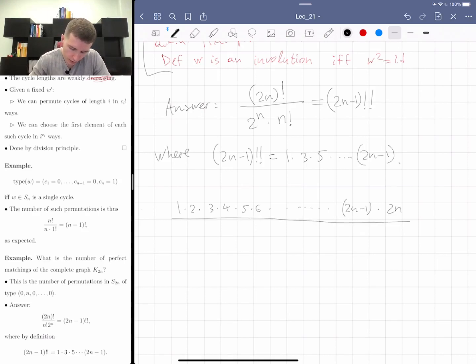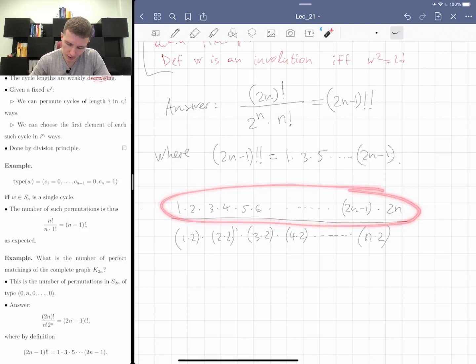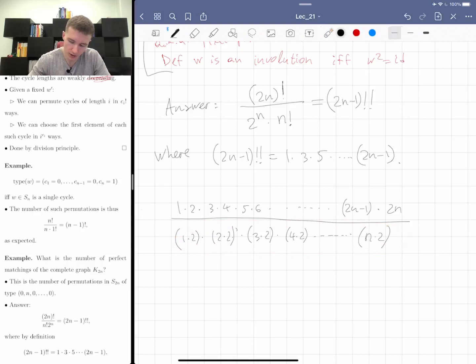And in the denominator we have 2 to the n times n factorial, which is 1 times 2, times 2 times 2, times 3 times 2, times 4 times 2, and so on, all the way up to n times 2. So out of all these numbers, in the denominator you have all even numbers, and so you cancel them out.